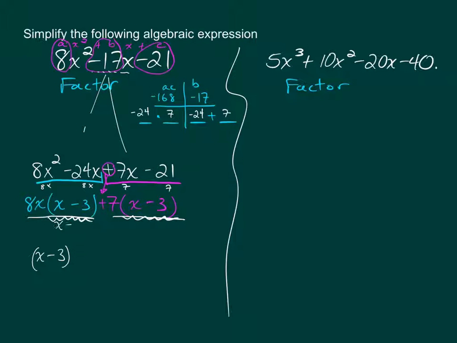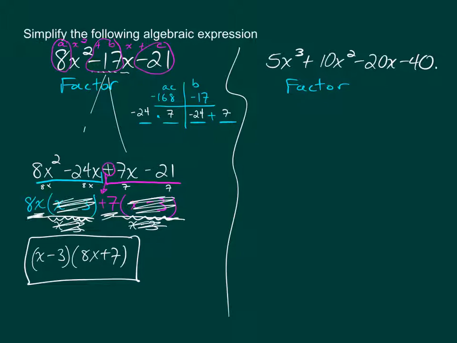If we divide by x minus 3, the entire x minus 3's will cancel, leaving us with 8x plus 7. And that's what goes in the other set of parentheses. And we are done factoring. So if you simplify this, you will end up with x minus 3 times 8x plus 7.